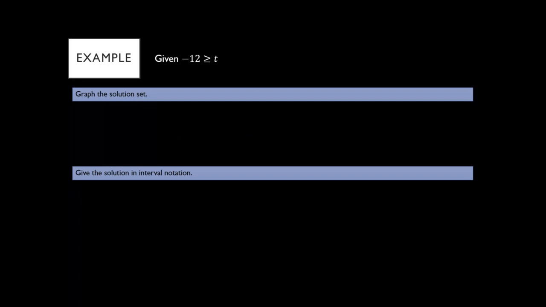Here we're given that -12 is greater than or equal to t. We always read these left to right, so we're going to translate this into something that we read left to right with the variable on the left. And when you do that, it's a mirror image. So this is the same as saying that t is less than or equal to -12. And that's how we're going to read it. So I'm going to put in my number line, with negative infinity, infinity, I've got 0. I'm putting -12 on here.